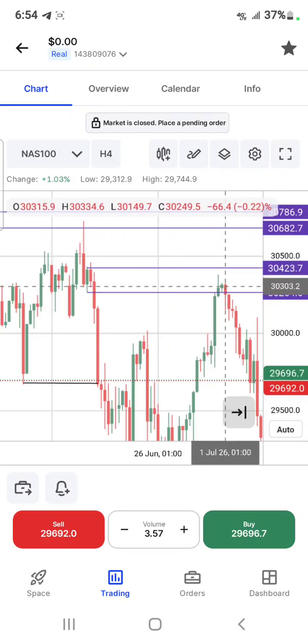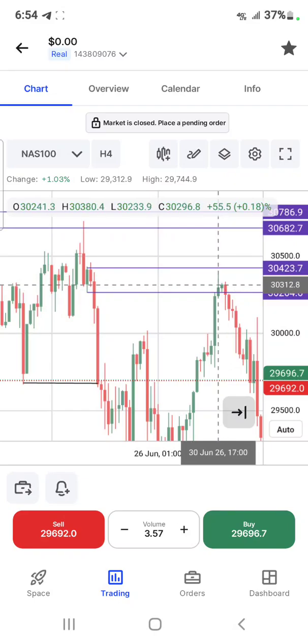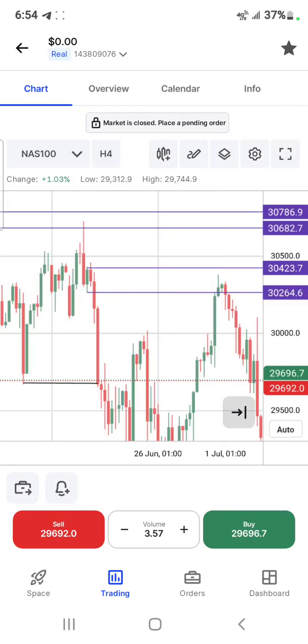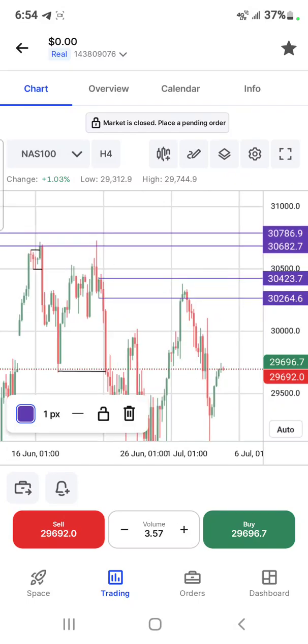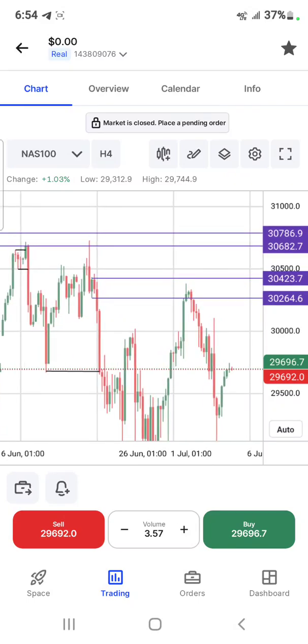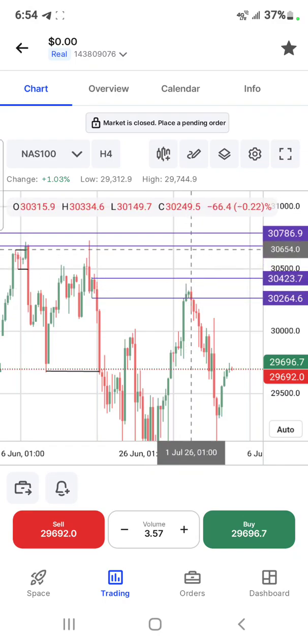The moment price taps into it, you go with confirmation. Maybe you look out for a change of character within that zone. It should not be an aggressive entry, because price may likely decide to push further up to this level.